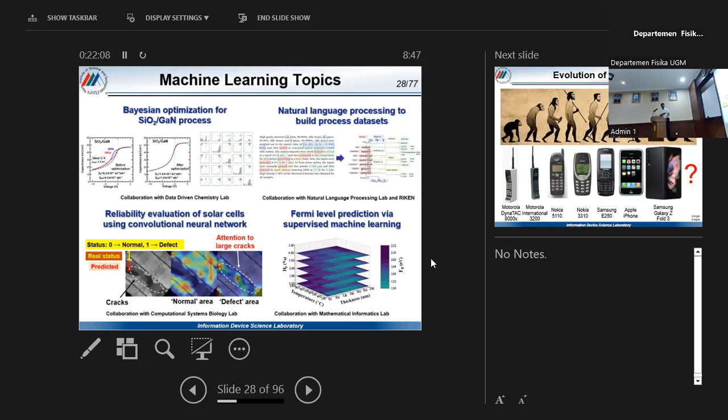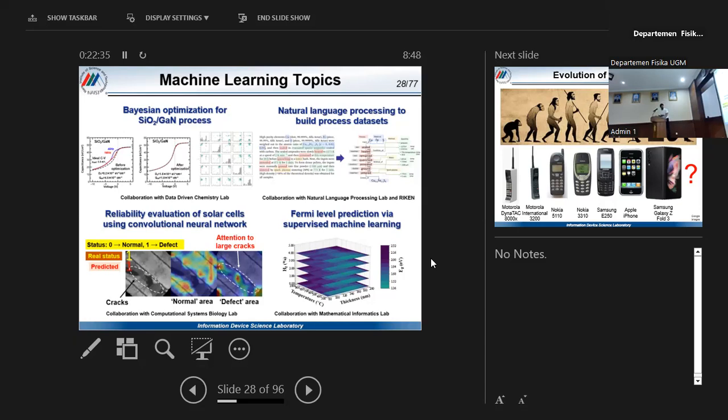By using natural language processing and machine learning, we can identify the key phrases and also the relationships between these phrases, and we can extract the relevant information from these papers and build the database so that you can see what other researchers are doing in fabricating their films, for example.